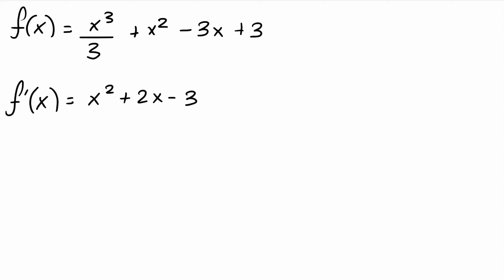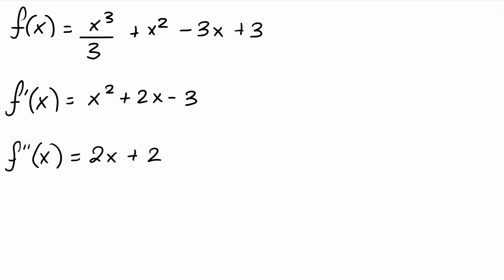Now the second derivative test is when you differentiate the gradient function again. So we'll have f double dash x. That's the second derivative of the original function. So if we differentiate the gradient function again, we'll get 2x plus 2.